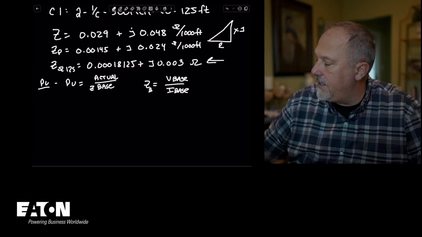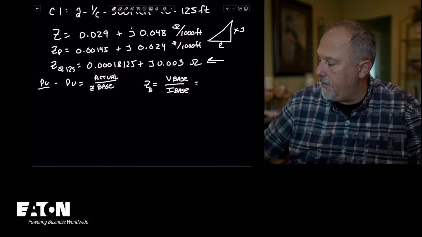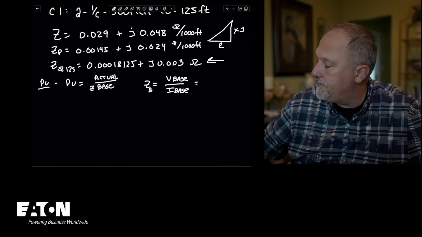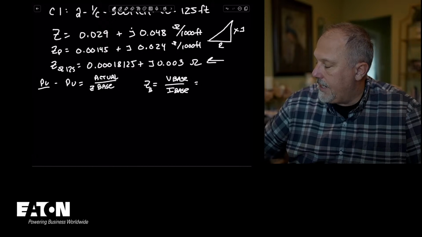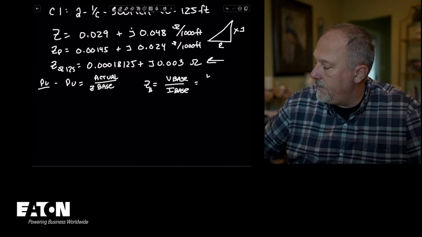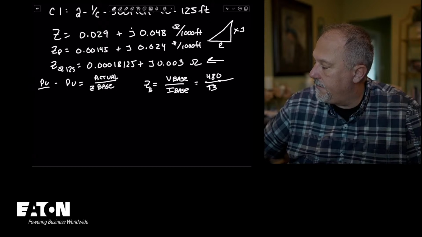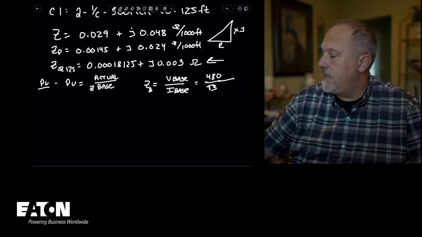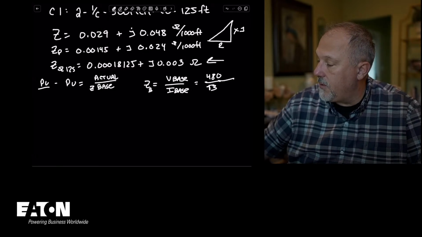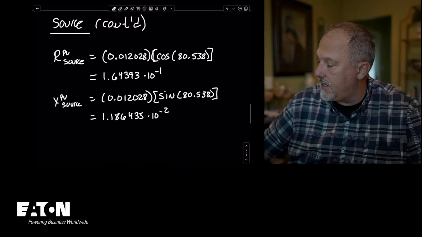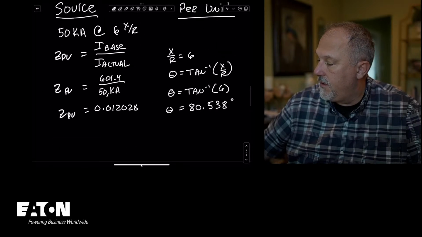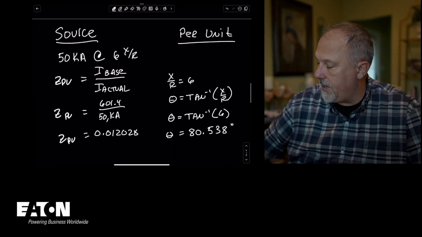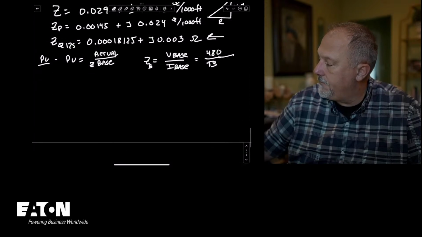So what is V base? V base is, in this case, 480 divided by the square root of 3. I base is the full load amps. And the full load amps on the primary side, we just did it up here. Full load amps on the primary is 601.4.